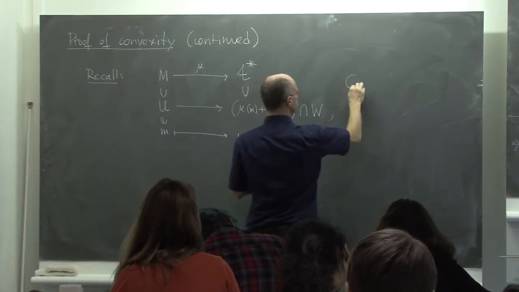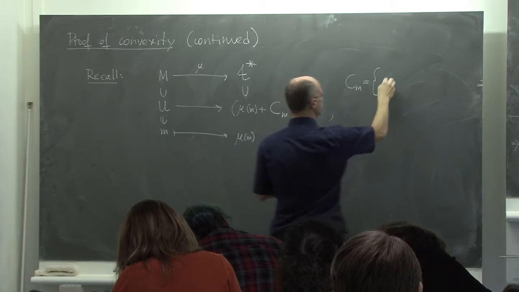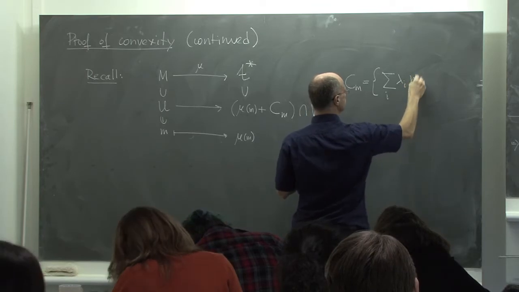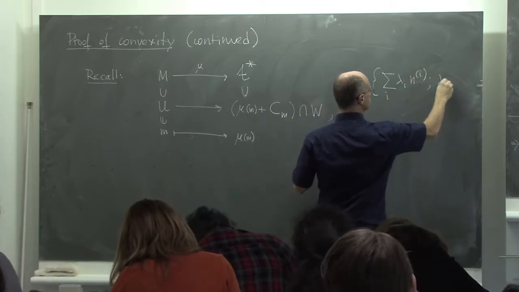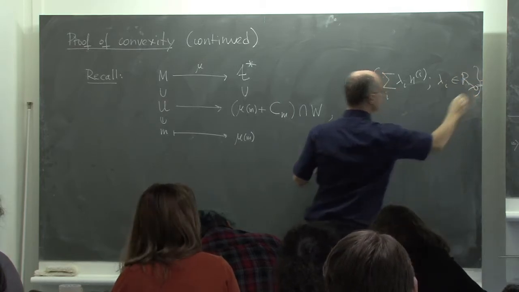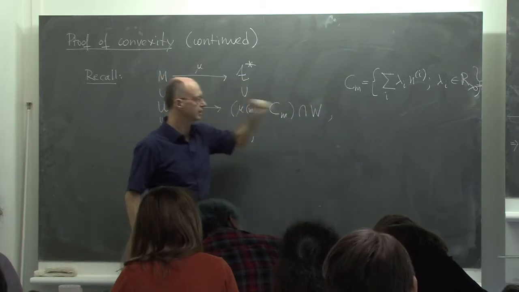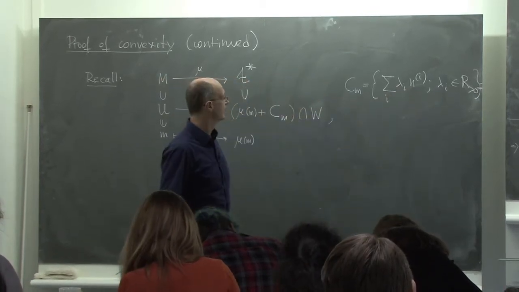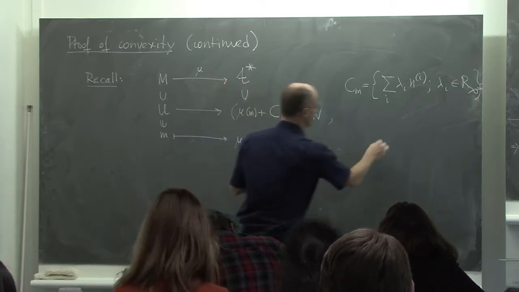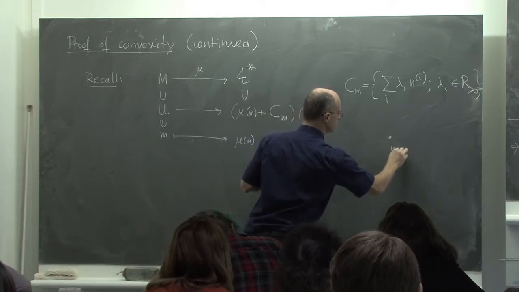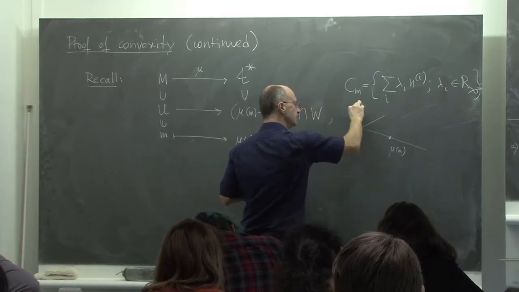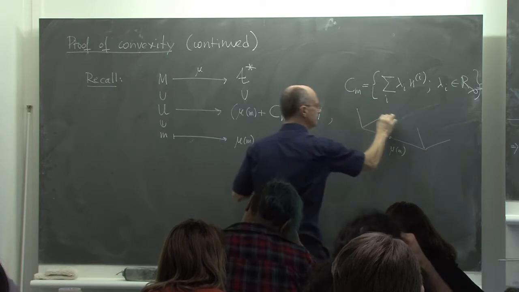Cm consists of sums with positive coefficients of some integral vectors. Generically, the situation looks as follows. You have your point mu of m, and then maybe there are some flat directions, and in some other directions there is this polyhedral cone.